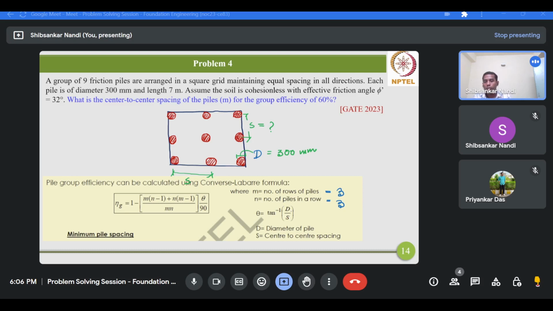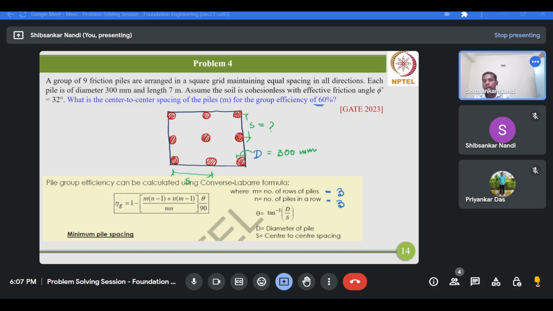Now what we will do, we will first use this equation to calculate the variable theta by substituting the values of m, n and eta g, because m we know, n we know, and eta g also we know, because you have to figure out the center to center spacing of the piles for the group efficiency of 60%.